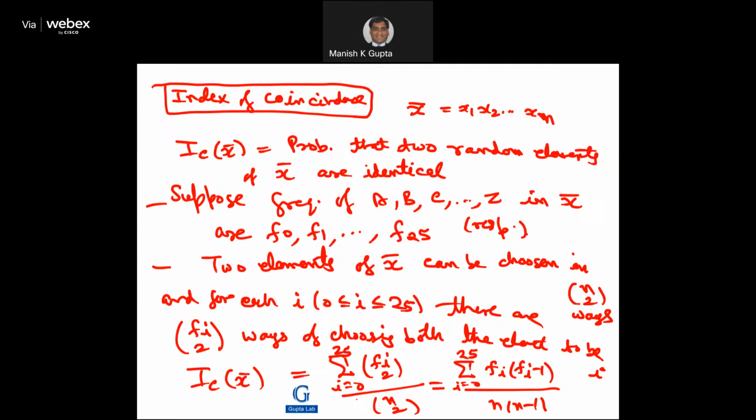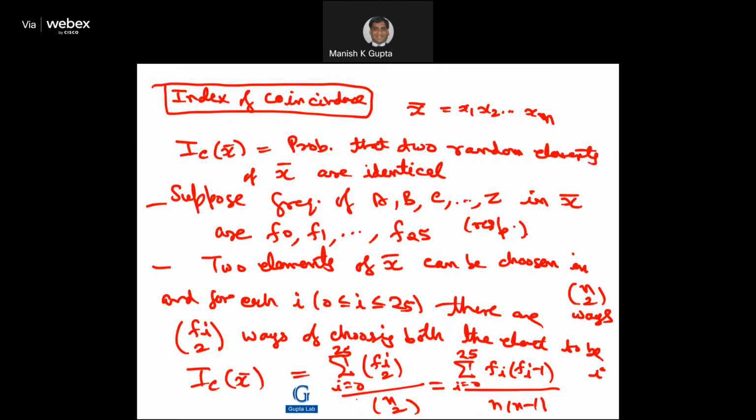Now, in fact, we can compute this index of coincidence for the English language, and there is a fixed number for that. So suppose the frequencies of A, B, C, D, etc. up to Z in x are f0, f1, f2, ..., f25 respectively. Each letter of the alphabet has some frequency, right?